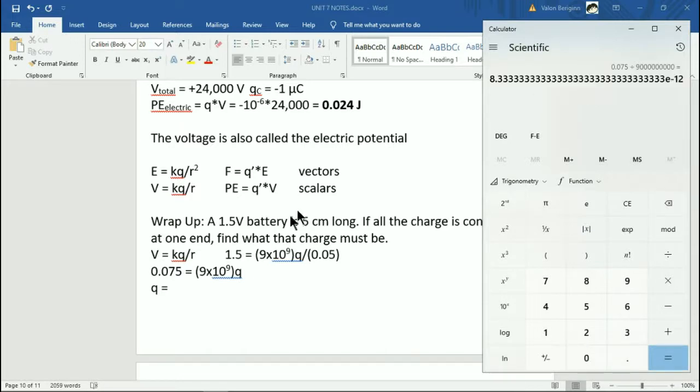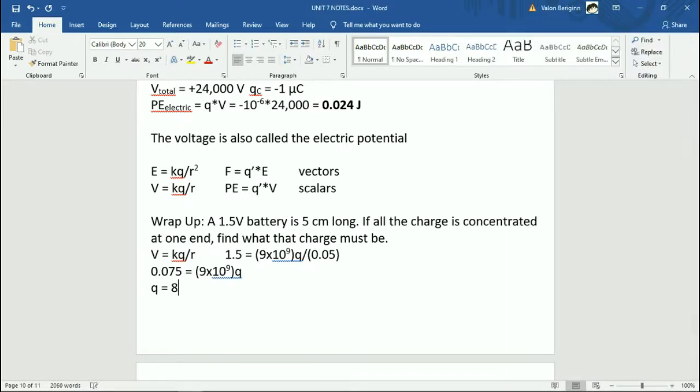Do you get that fun number? That's your answer. Or 8.33 picocoulombs, if you want to go that small.